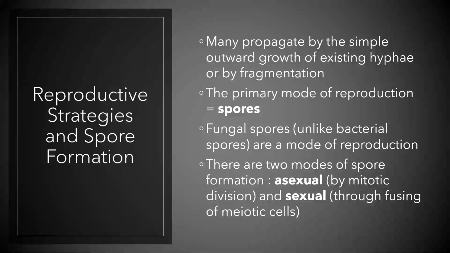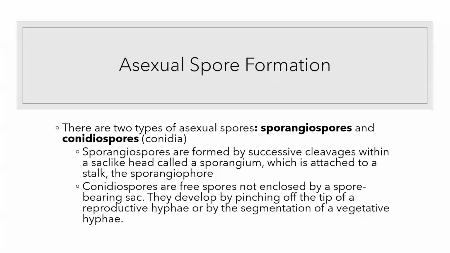There are two modes of spore formation: asexual and sexual. Asexual would be a mitotic division, whereas sexual spore formation is done through fusing of multiple meiotic cells. The two main types of asexual spores are the sporangiospores and conidiospores.